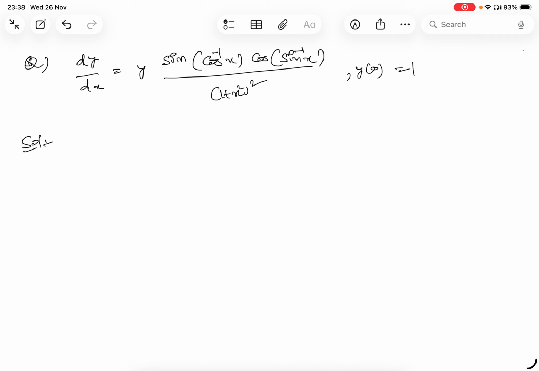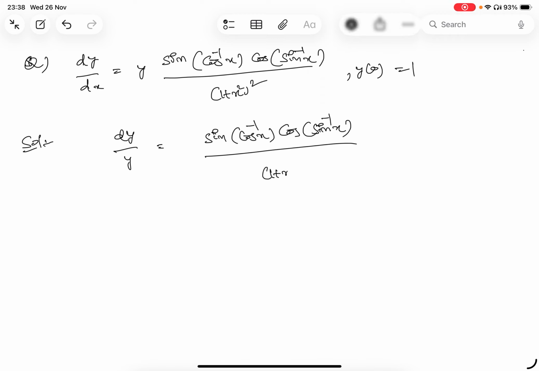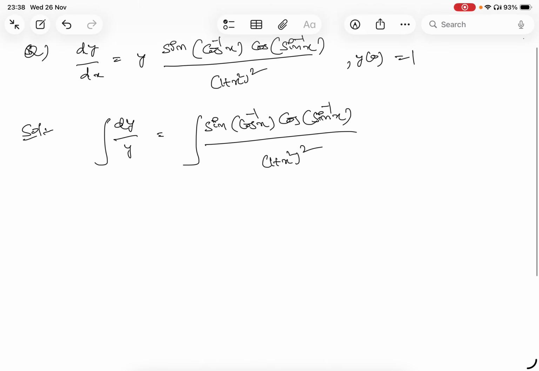Now as you can see, you can bring this y on the left hand side, and this will be sine of cos inverse x into cos of sine inverse x by (1 plus x square) whole square. Fine. Now just integrate it. So this dx side, dy by y, and dx goes on the right hand side.